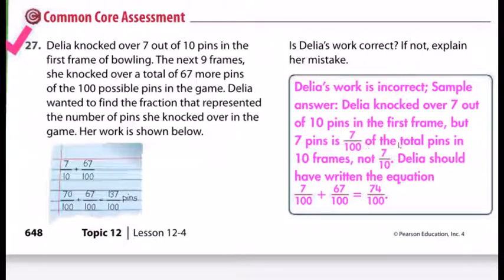It is 7 over 100 of the total pins in the 10 frames, not 7 over 10. Delia should have written the equation 7 over 100 plus 67 over 100. So 7 plus 67 equals 74. So 74 over 100.